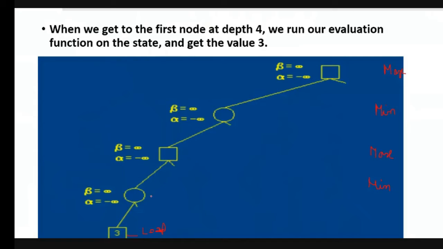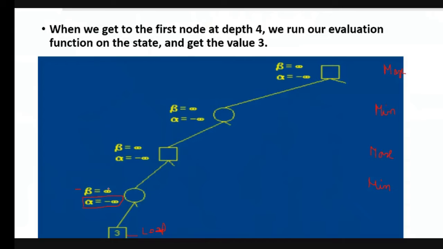Because this is a minima, I am dealing with beta. So my alpha will remain untouched. I will not make any change to alpha here, and I will simply keep beta changing.